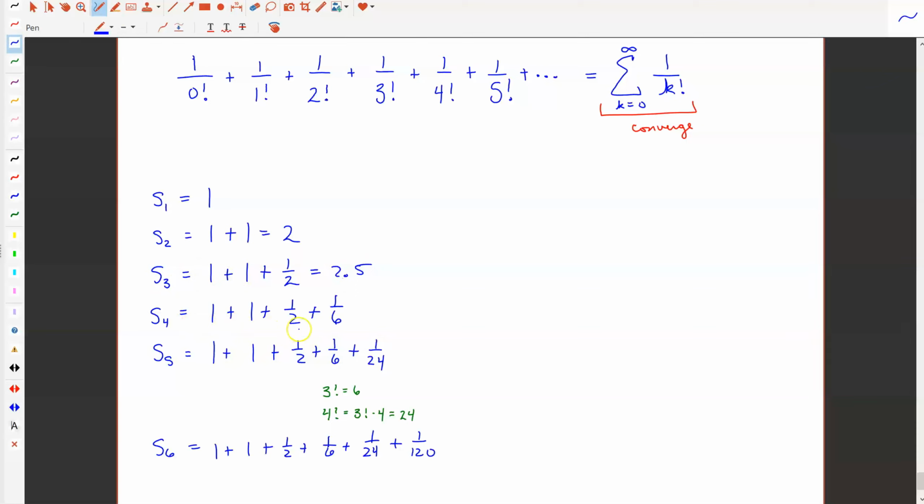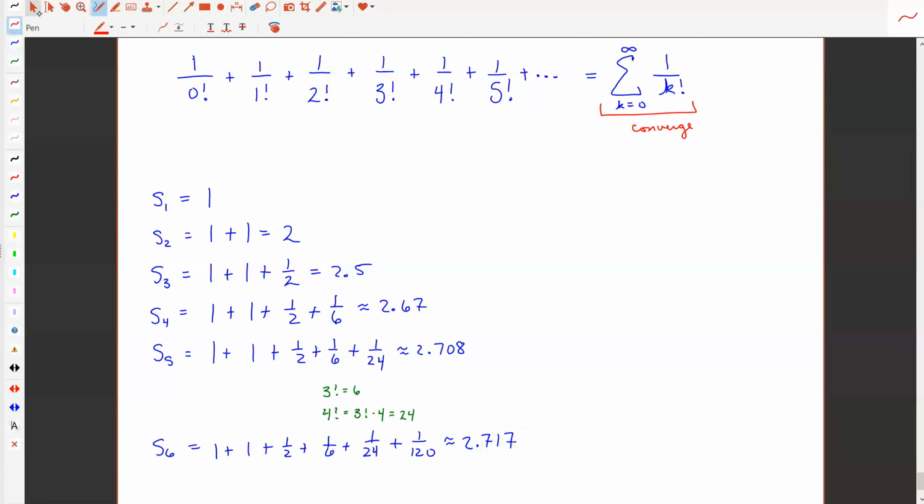My fourth partial sum, if you add all of this up, you would get roughly 2.67 if I take it out to 2 decimal places. My fifth partial sum, if we add up all of those, is roughly equal to about 2.708. And then my sixth partial sum, if we add up the terms through the 1 over 120, is approximately equal to 2.717.